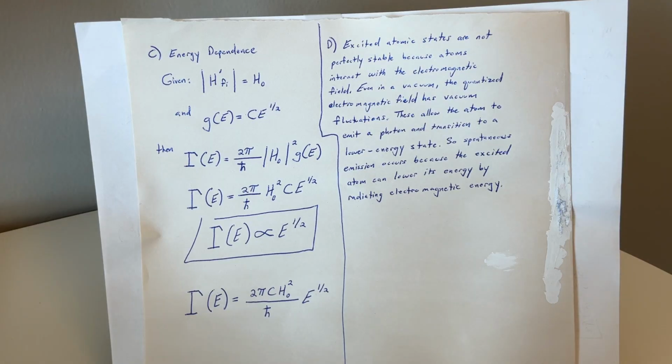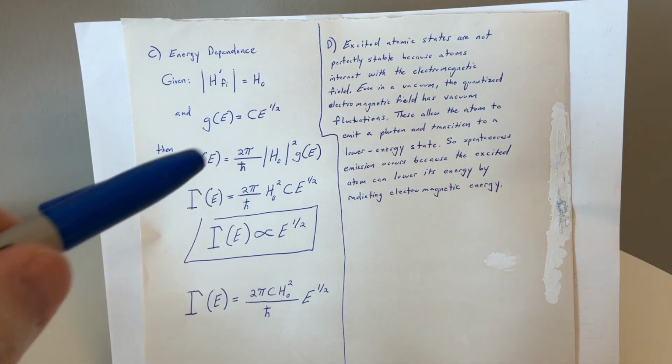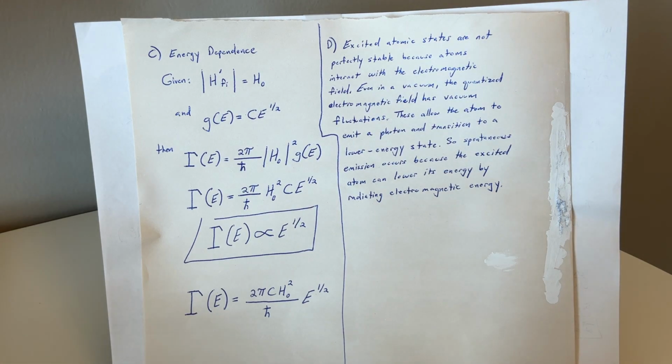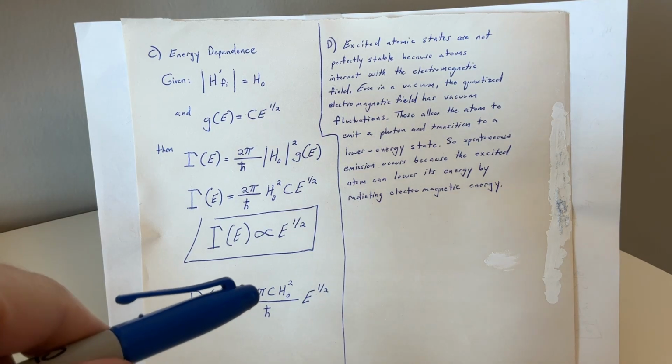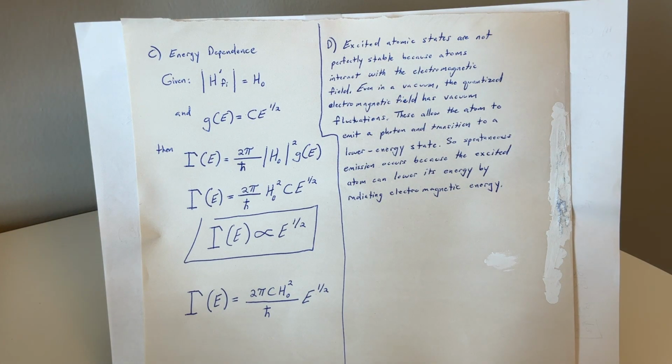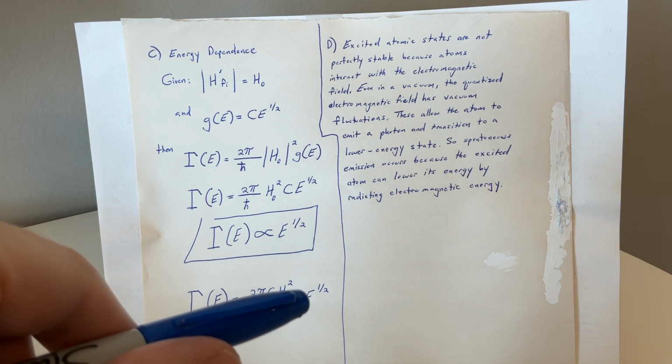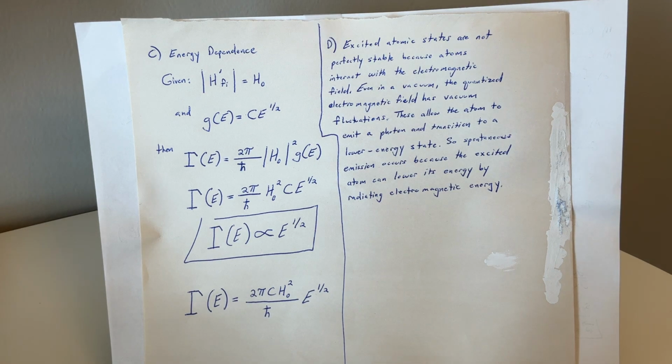So this is going to be proportional to e to the 1/2. So in this situation, the energy dependence of the transition rate equals 2 pi C H naught squared over H bar times e to the 1/2. So that's our energy dependence of the transition rate.